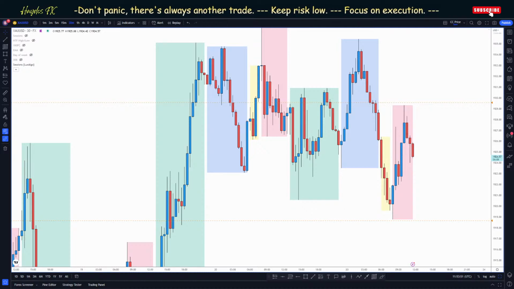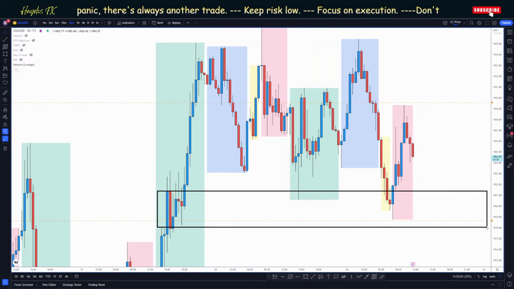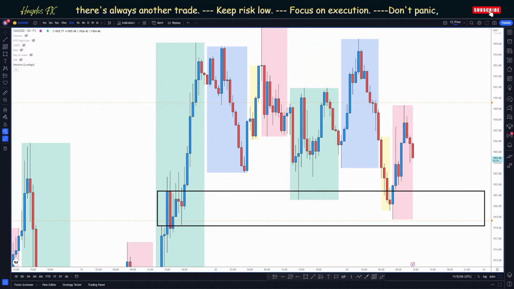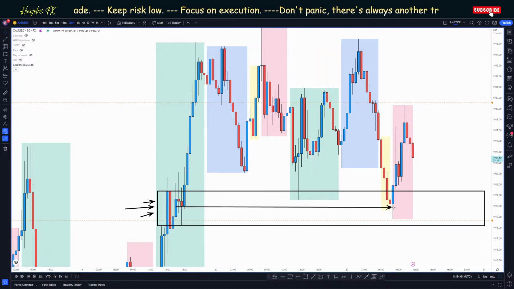So when I'm saying offload liquidity, it means this is a perfect area of a pool of demand. So this could be demand, could be support. It's just an area that if you were selling from here, you wouldn't want to hold thinking you could break through here. So this is an area that you could close most of your position.